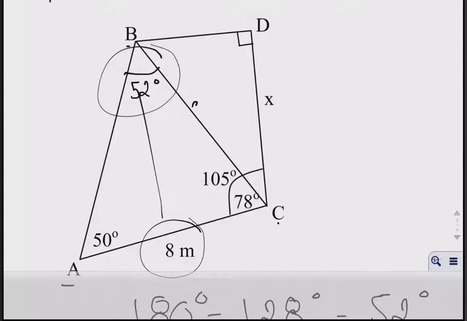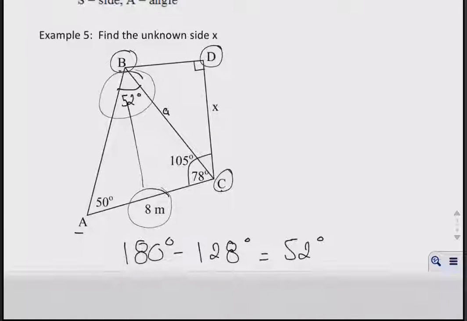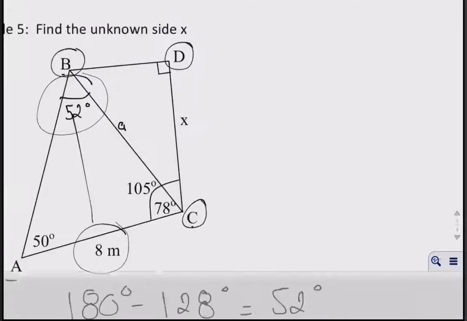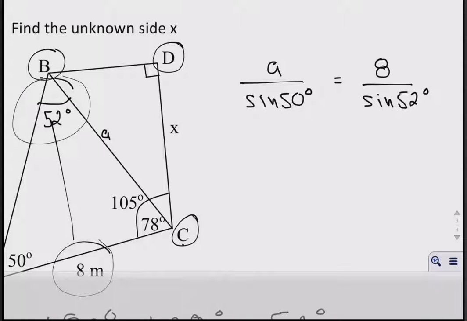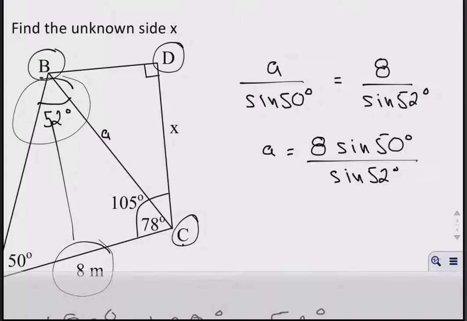So I want to solve actually for side A, which happens to be the hypotenuse of triangle B, D, and C. So let's go about solving for side A. Using the sine law, I have A over sine of 50 equals 8 over sine of 52 degrees. Sine of 50 goes here, all divided by sine of 52 degrees.